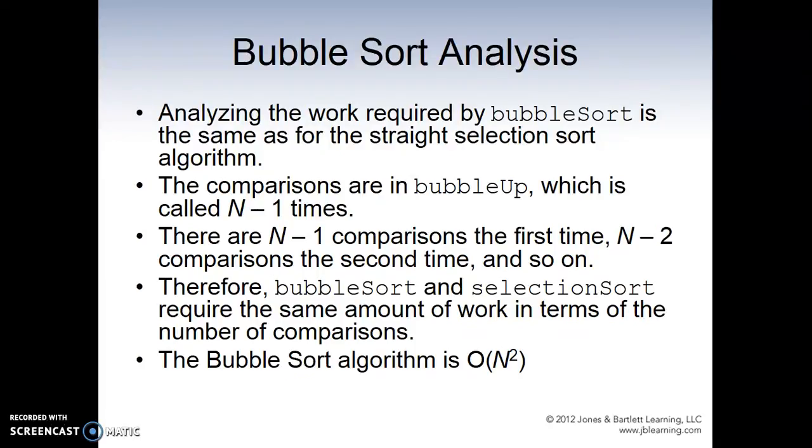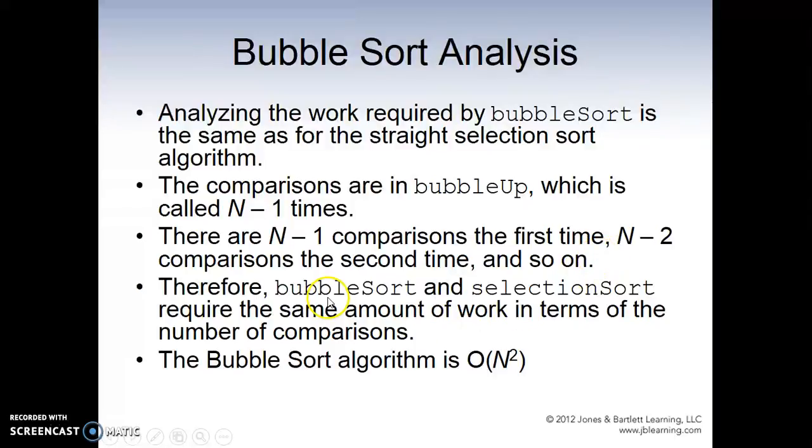So let's look at the analysis. You see big O. We see BubbleSort. It's the same as for the straight selection sort algorithm. We have to compare, and then bubble up, which costs n-1 times, and that's n-1 comparisons for the first time. The second time is reduced in the list, n-2, and so on.